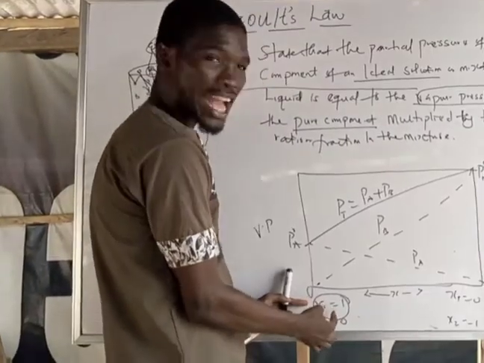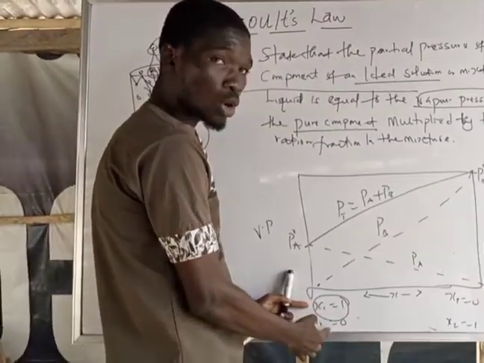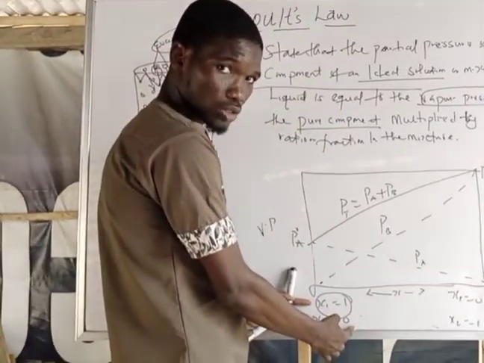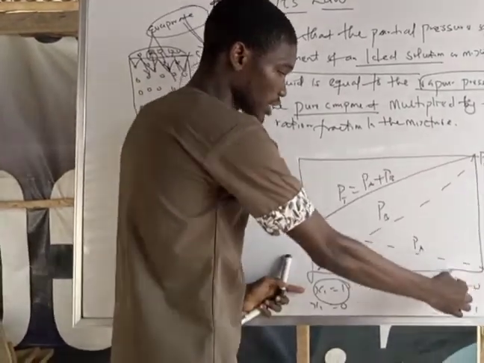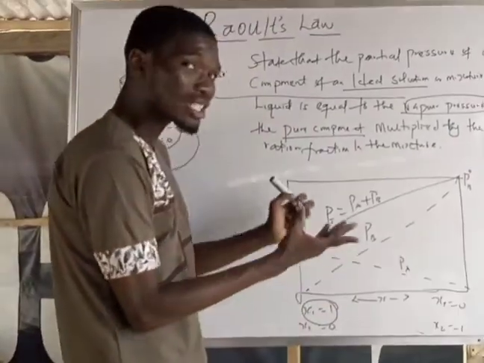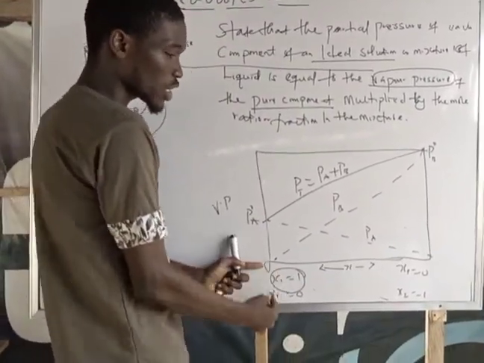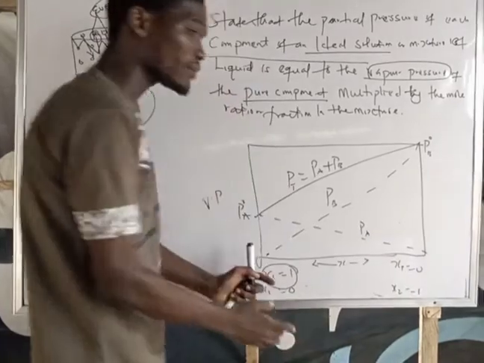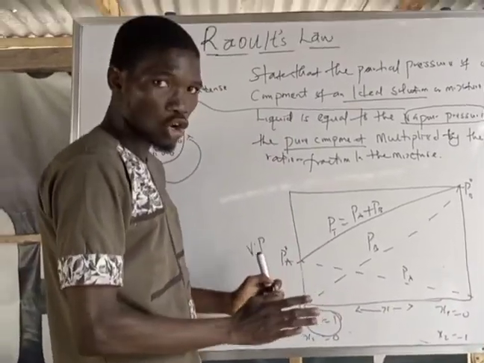If my x1 is 1 here, my x2 is 0. From this end to this end, my x1 is 0 and my x2 is 1. So it shows that from this end to this place, we have 100% pure component.